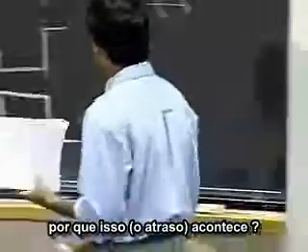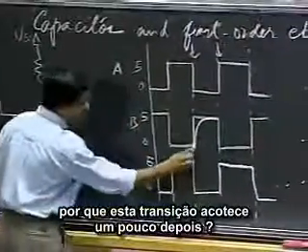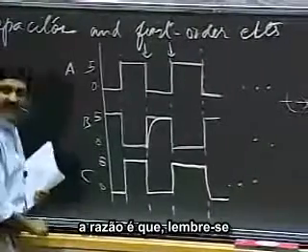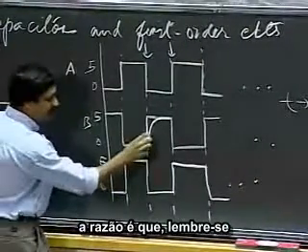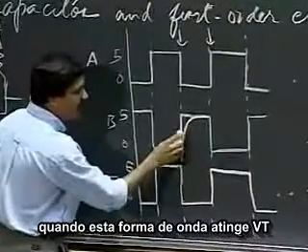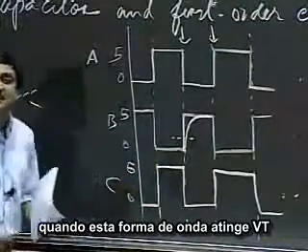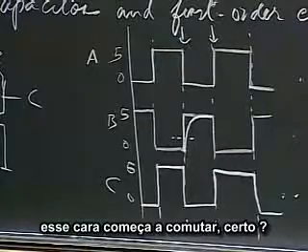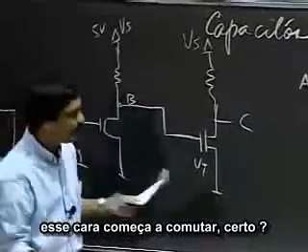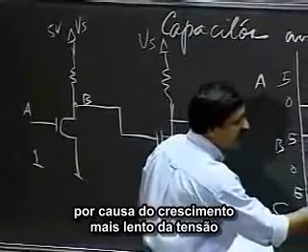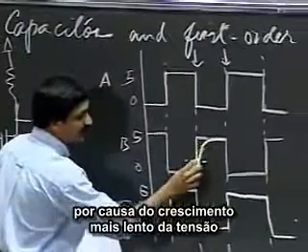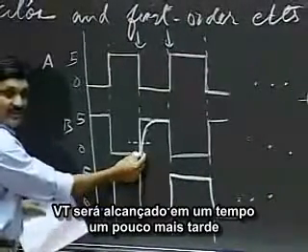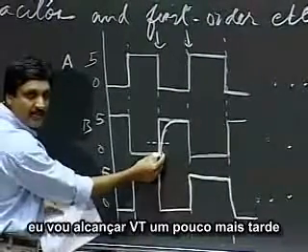So why does that happen? So why did this transition happen just a little bit later? Okay, the reason is that, remember, when this waveform reaches VT, the threshold voltage of this MOSFET, this guy is going to switch, right? So because of the slower rise of the voltage, the VT is going to be reached a small amount of time later.